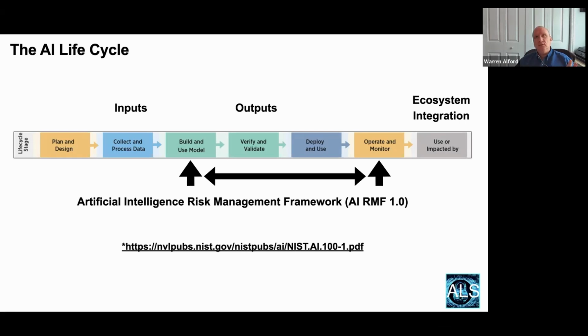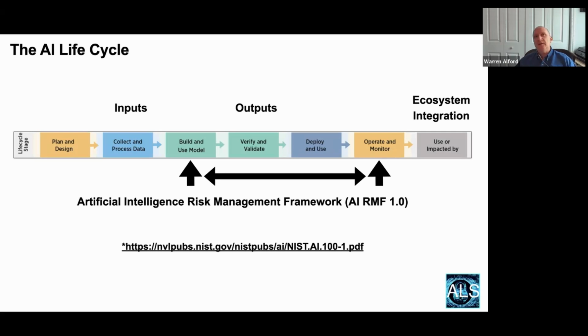It uses the plan and design stage to take all that information in, and then the model is designed and it takes inputs. This information is pre-programmed or collected, and it processes the data as well, a term called data wrangling. We'll talk about that in just a moment. Then it builds the model, and the model is used in a test environment to see what the capabilities are, and see if there are any errors and things like that.